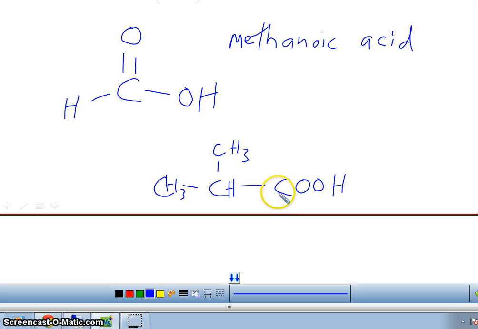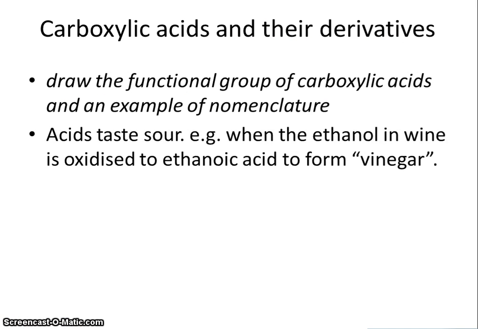Propanoic acid with 2-methyl: 2-methylpropanoic acid. Do I have to have a number for the anoic acid? No, because it's always at the end of the chain. Sweet, easy, done.